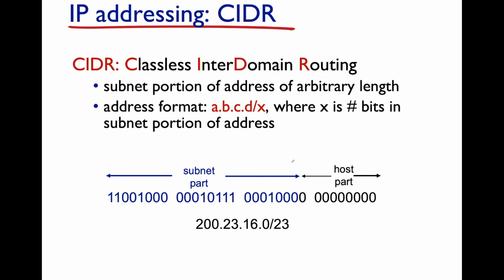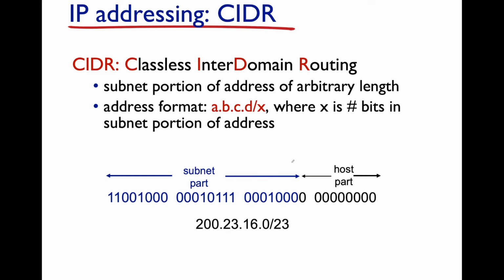And so we found that we would quickly run out of available IP addresses, because a lot more devices were coming online. And so here, when we talk about CIDR-ized addressing, classless interdomain routing, we take the subnet portion of an address of arbitrary length, and then we have a format where we have the dotted quads followed by a slash, and X, where X is the number of bits used, uppermost bits used for the subnet part.